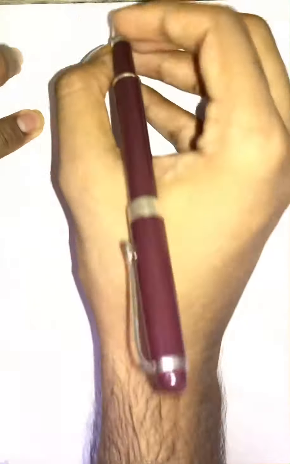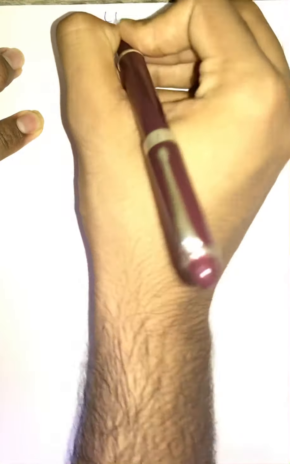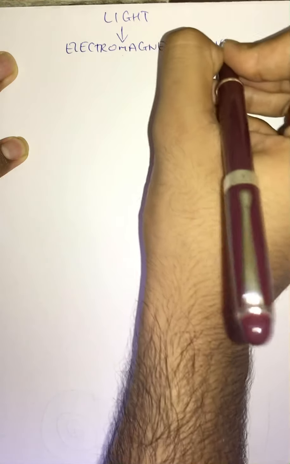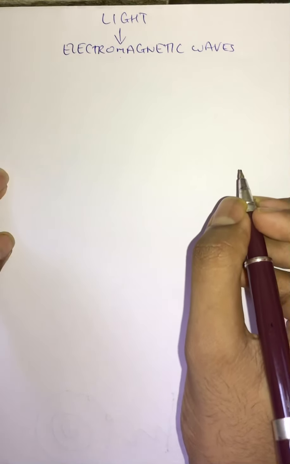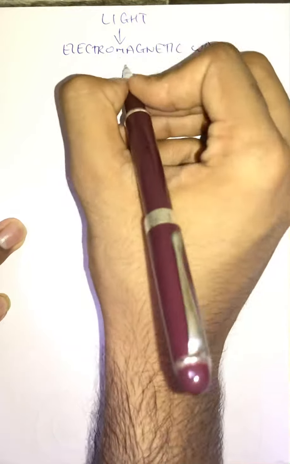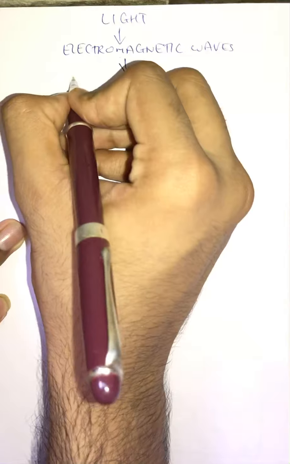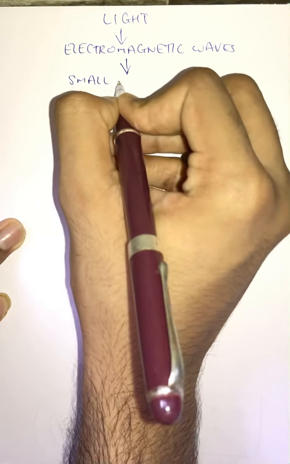So till now what we have seen is that light travels in the form of electromagnetic waves. And it was Max Planck who told us that these electromagnetic waves consist of small energy packets.